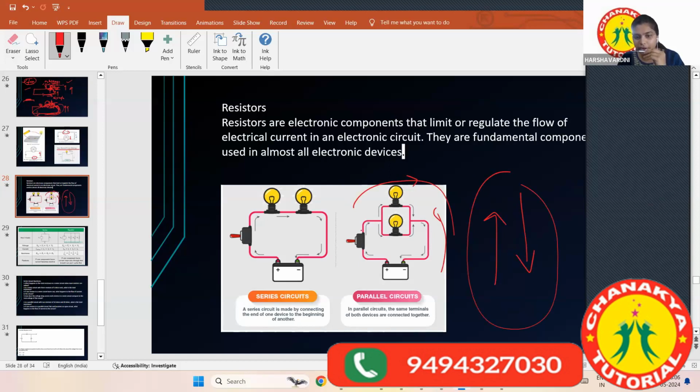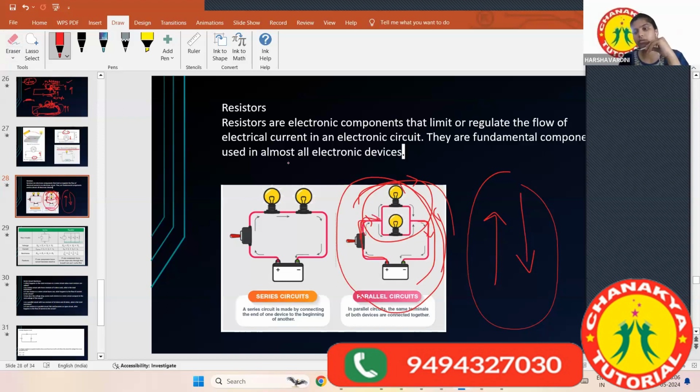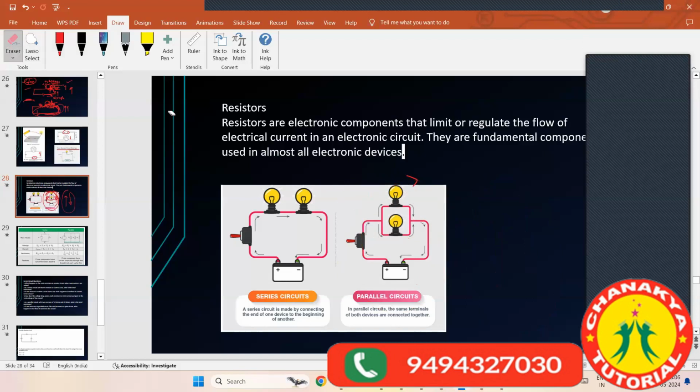So basically, when the current starts from here, there is a cycle here. If you see, the whole cycle is there. But only here, if you ask, no cycle, because current always enters from this side, and won't be vice versa. It will always start from here and exit from here. Got it? Yes, ma'am. There will be no cycle.